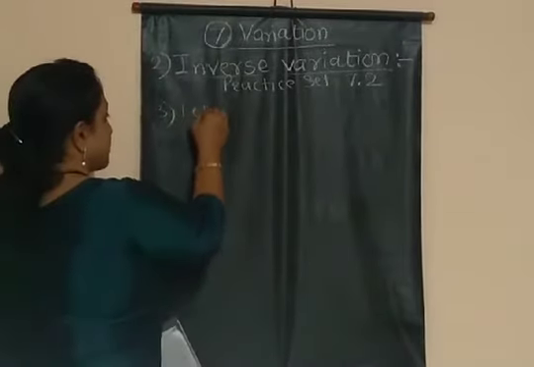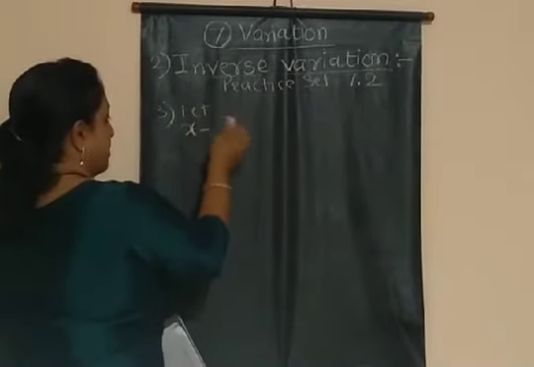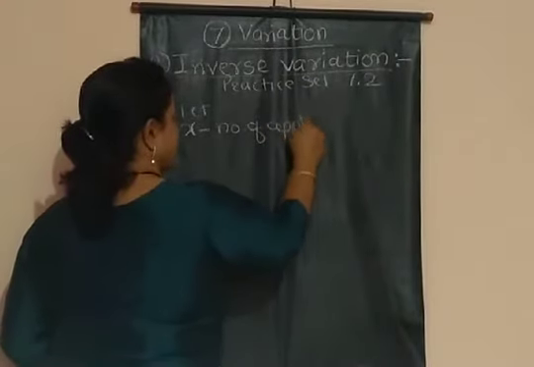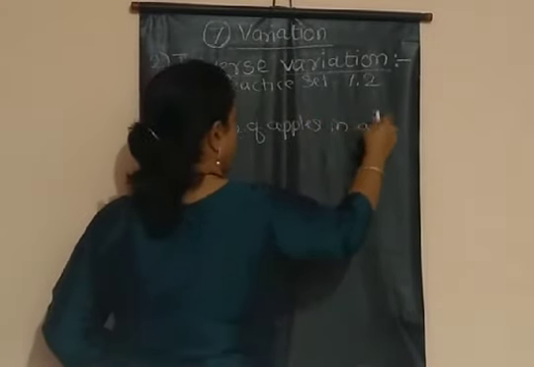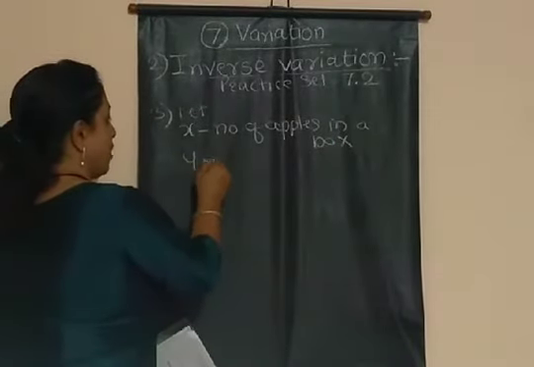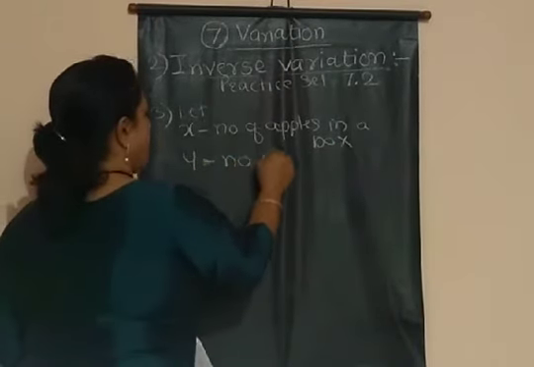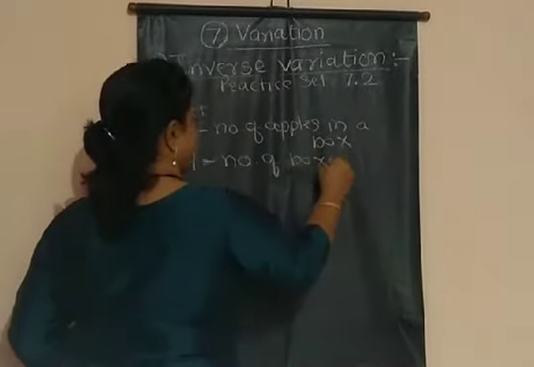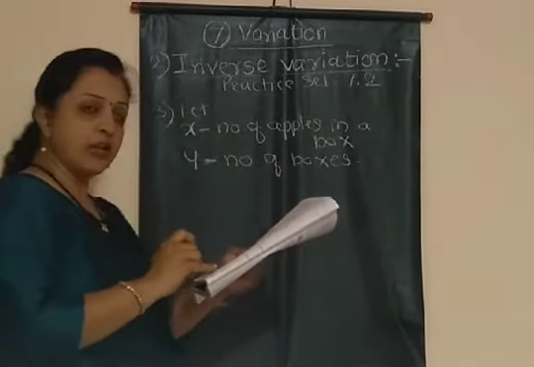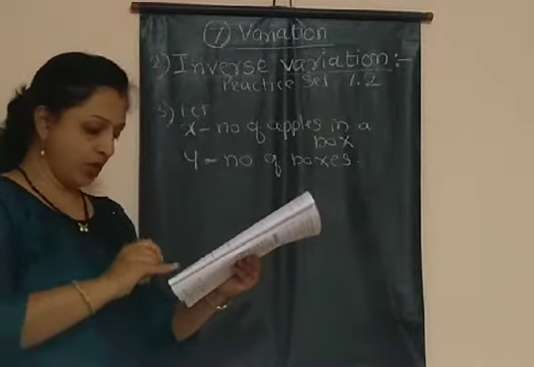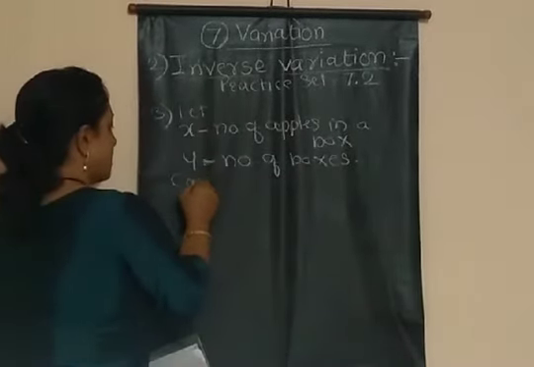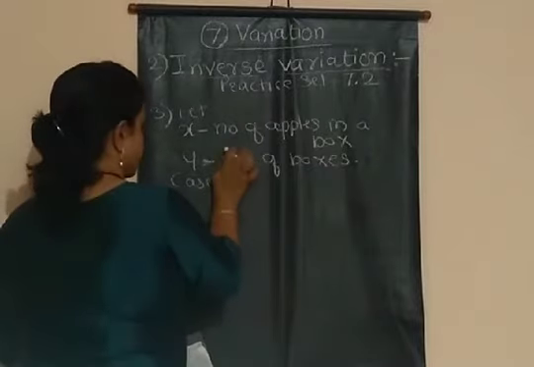So let x be the variable for the number of apples in a box, and y the variable for the number of boxes. In the first case we are given the value of x is 24 and the value of y is 27.